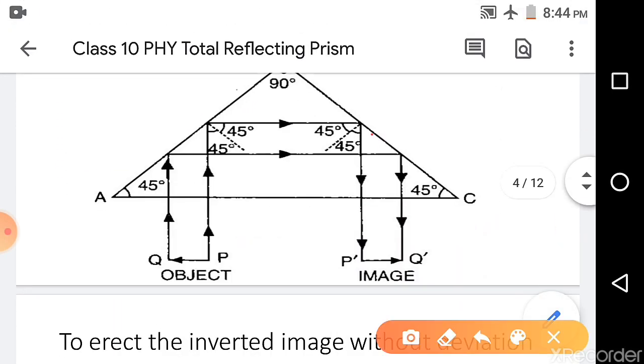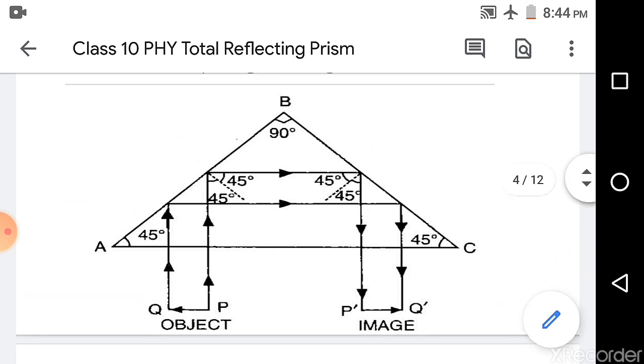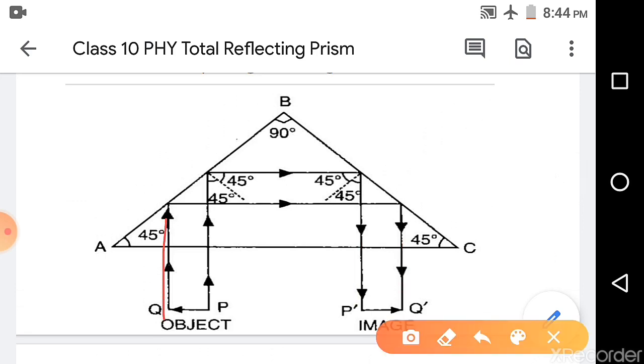Inside the glass prism it is incident normally, so it remains undeviated and passes into the air. Now the light ray emerges along P dash and Q dash. Initially the light ray is incident in this direction, and now it emerges toward this direction. The direction is completely changed, so the deviation is 180 degrees.